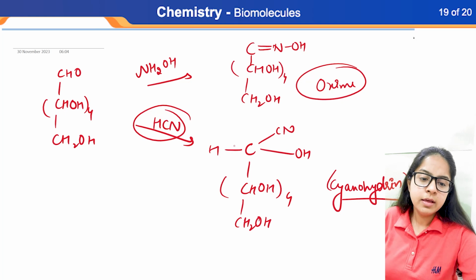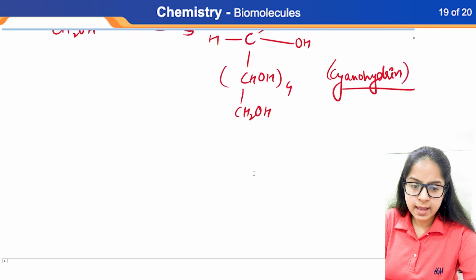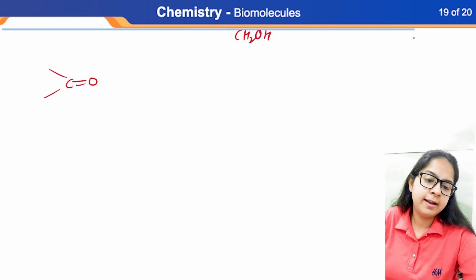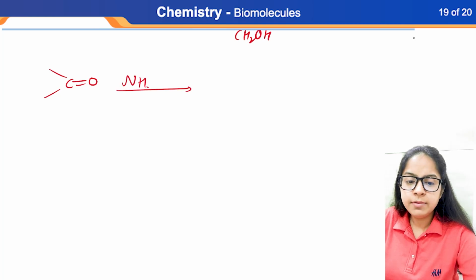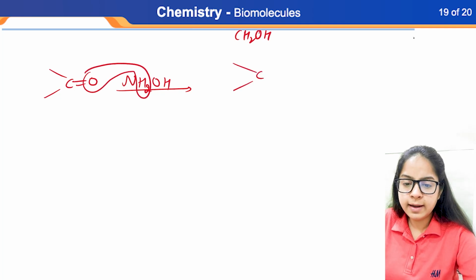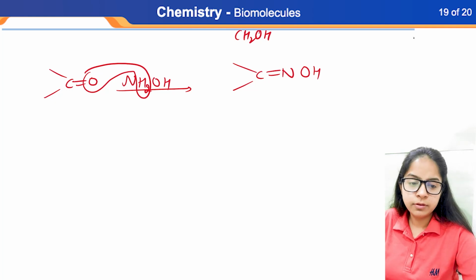Oxime: suppose I have a general formula like a ketone or aldehyde or the carbonyl group, I am reacting it with H2O. You need to remove the water molecule and you will attach this N with the double bond carbon.